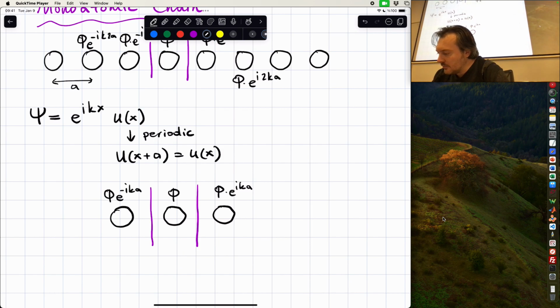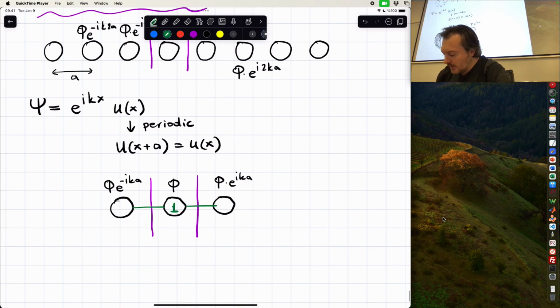It's connected to two neighbors. Of course, we are assuming that only nearest neighbors are interacting. So I just have this one atom, so my matrix is going to be 1 by 1. 1 by 1 matrix. And these are just images of 1. Like this is 1 prime, this is 1 double prime. Are you following?